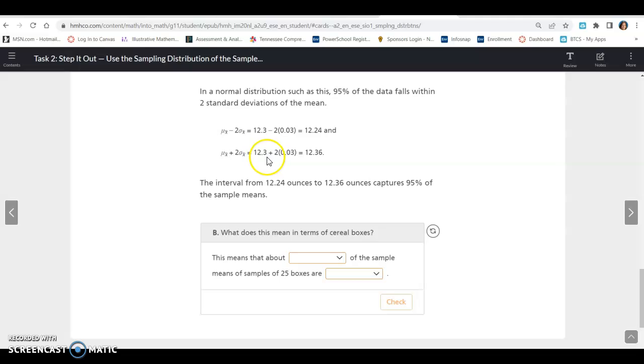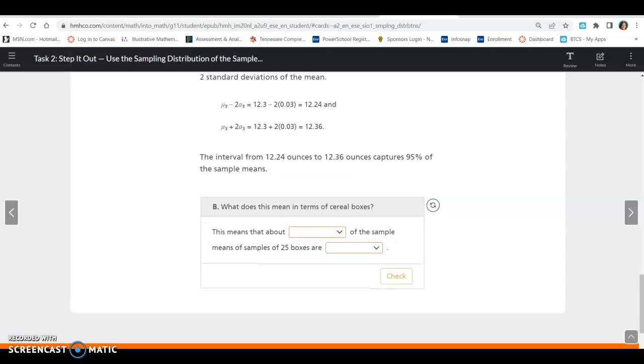So again, we take the mean, 12.3, and we add 2 standard deviations. All right, so 2 times the 0.03, and that gives us 12.36. All right, so 95% of the data should fall between 12.24 and 12.36. So the interval from 12.24 to 12.36 ounces captures 95% of the sample means.